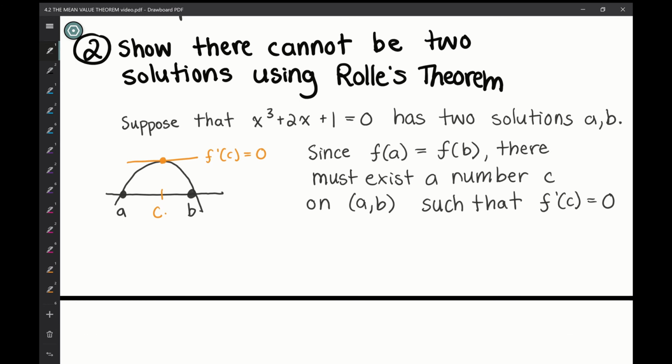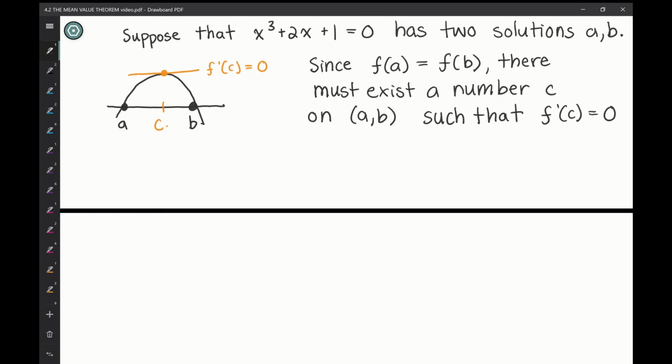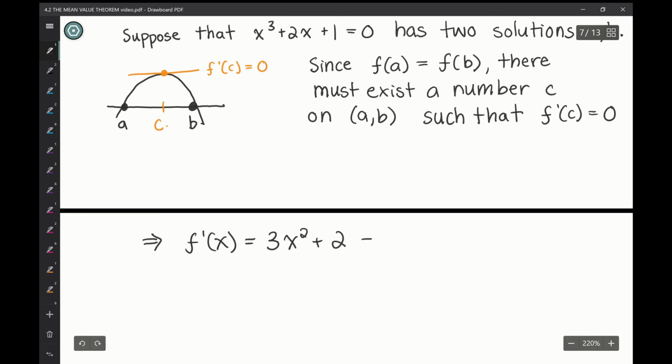So let's find that f prime of C equals 0. So there's got to be an f prime of x, which we'll find, and that will be 3x squared plus 2, is equal to, there must be some sort of x where this is equal to 0. So let's find that x. We'll subtract 2 from each side, so we get that 3x squared is equal to negative 2.